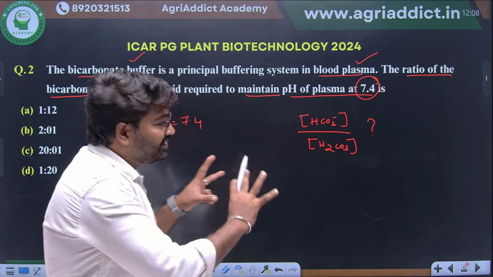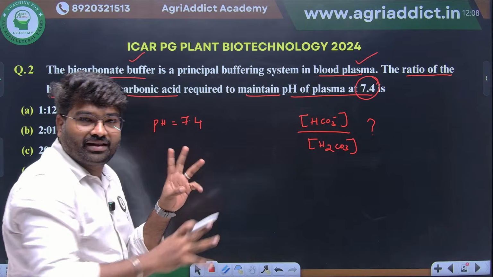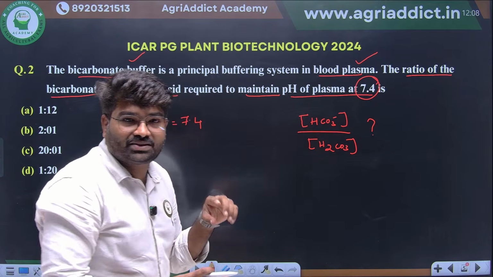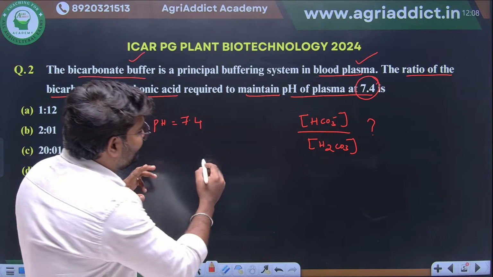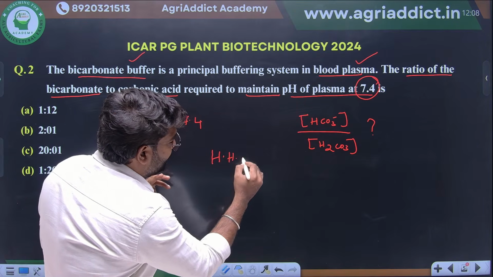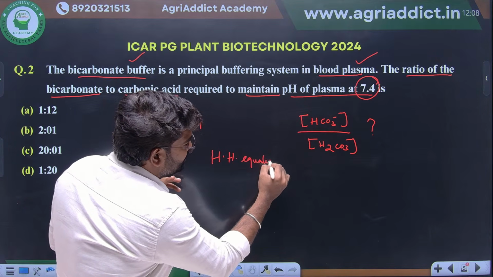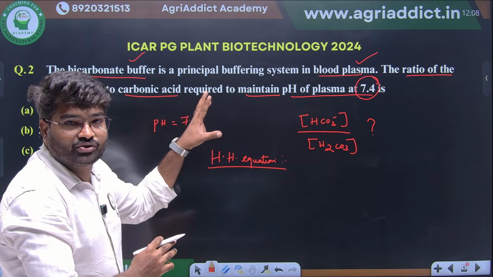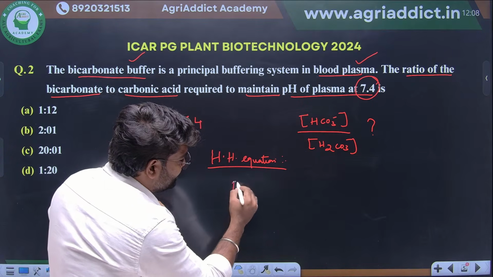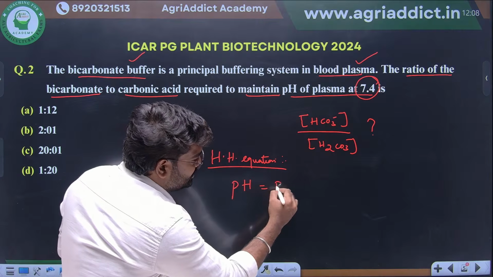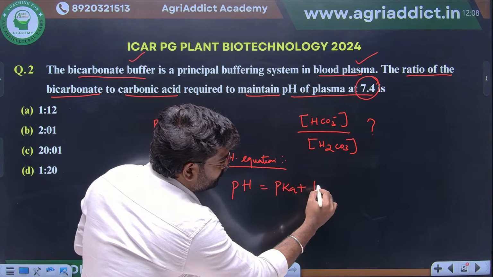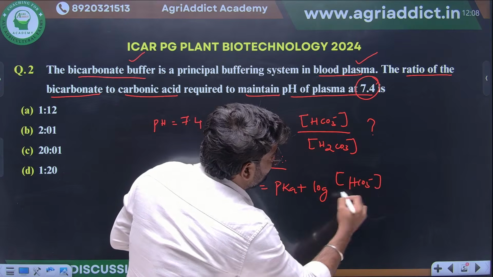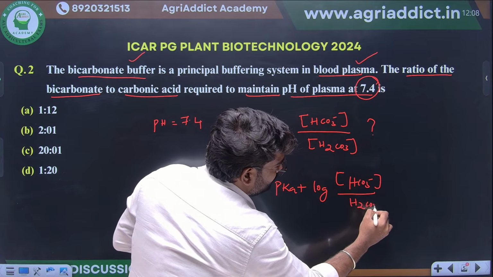An equation that correlates the pH, pKa and the concentration of acid and base we have already seen: the Henderson-Hasselbalch equation. We can use it to solve this question. What is the Henderson-Hasselbalch equation? pH equals pKa plus log of bicarbonate concentration by H2CO3 concentration.